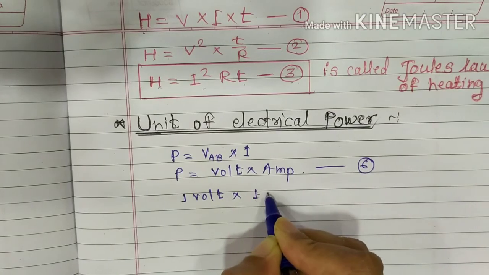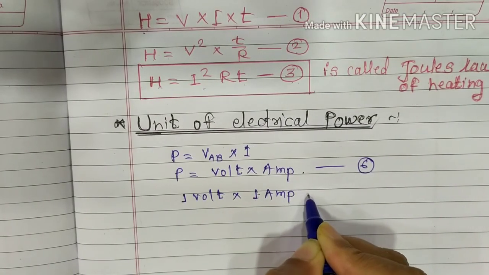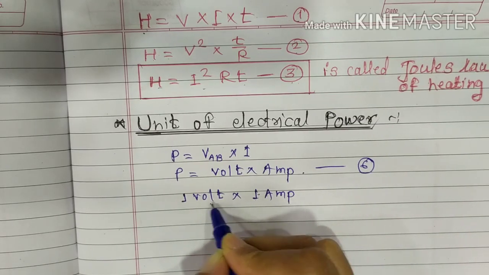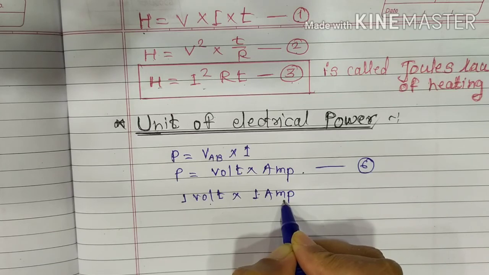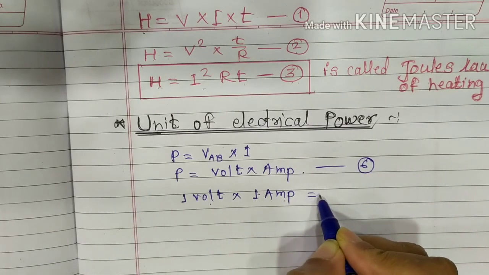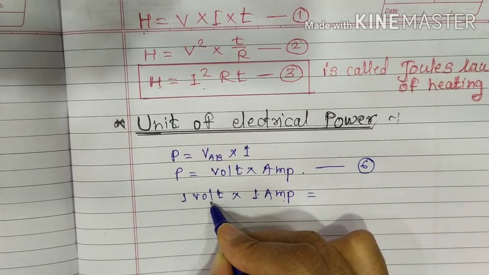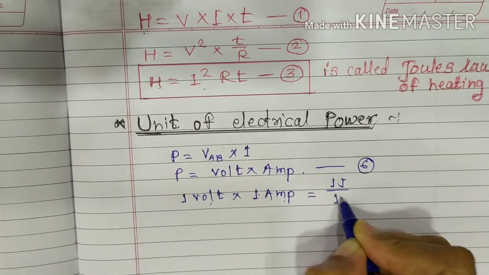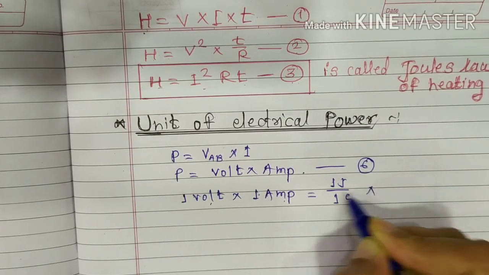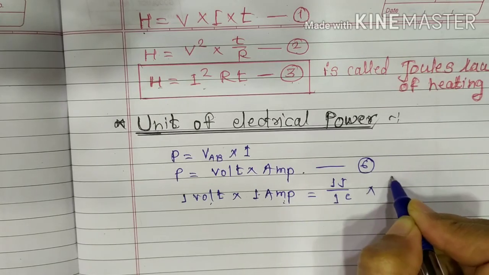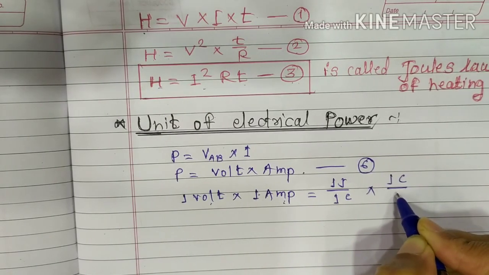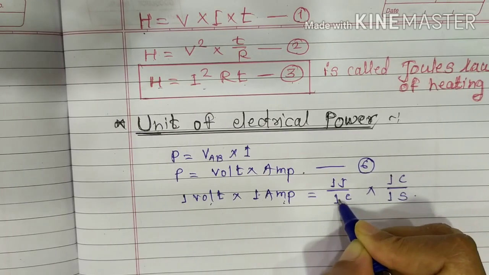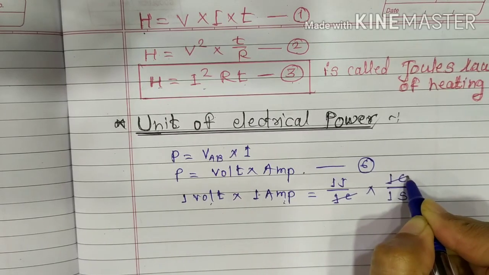In the recall we can see the value of 1 volt and also the value of 1 ampere. So let us fill in those values: 1 volt is equal to 1 joule upon 1 coulomb, and 1 ampere current is equal to 1 coulomb upon 1 second. Hence I cancel the 1 coulomb with the 1 coulomb.